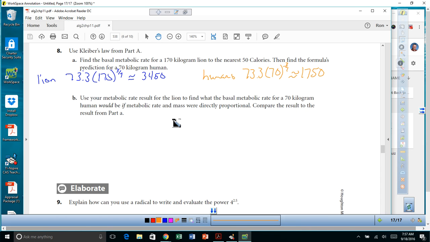Use your metabolic rate result for the lion to find what the basal metabolic rate for a 70 kilogram human would be if metabolic rate and mass were directly proportional. Compare the results from Part A. I'll give you just a little bit.